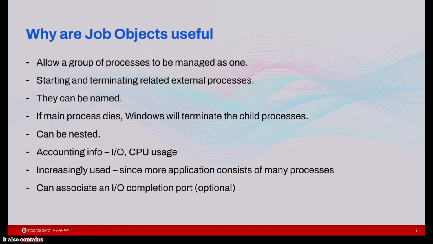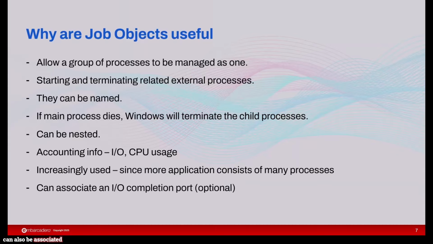It also contains accounting info, such as I/O, CPU usage, memory usage, and so on. And as you saw in Process Explorer, it's been increasingly used because you want to contain your application as one application, even if it consists of many external processes, and it's used very heavily.